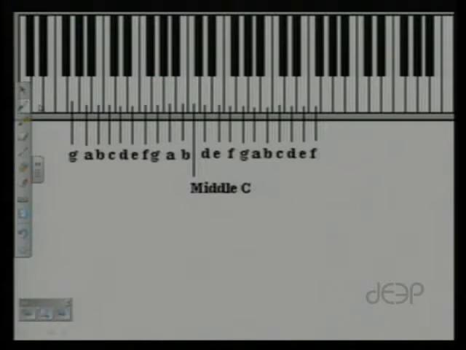Finally, we want to define and identify sharps. If you ever see a sharp on a note, that indicates that that note is 1 half step higher.